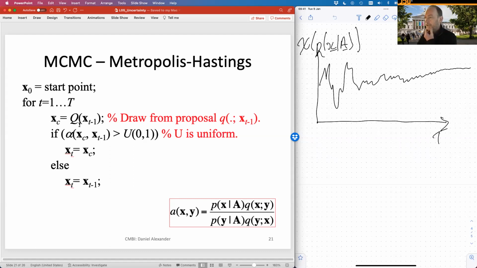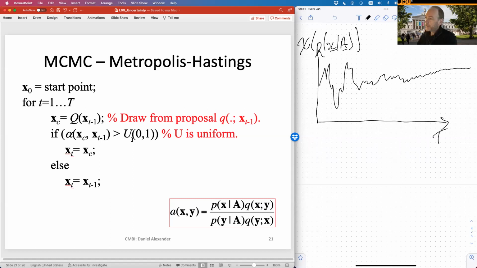Anyway, given an existing combination of parameters and a new combination of candidate parameters, we evaluate the likelihood of both of these combinations and compute this value alpha, which is a likelihood ratio: the likelihood of the new candidate position divided by that of the old existing position. Let's ignore these factors of Q for the moment and just think of this as a ratio between these two likelihoods.